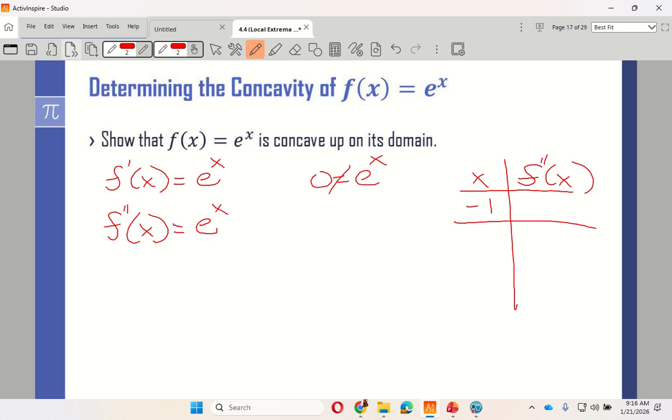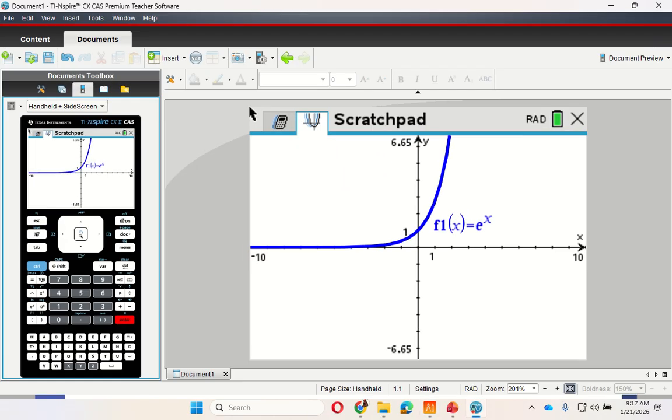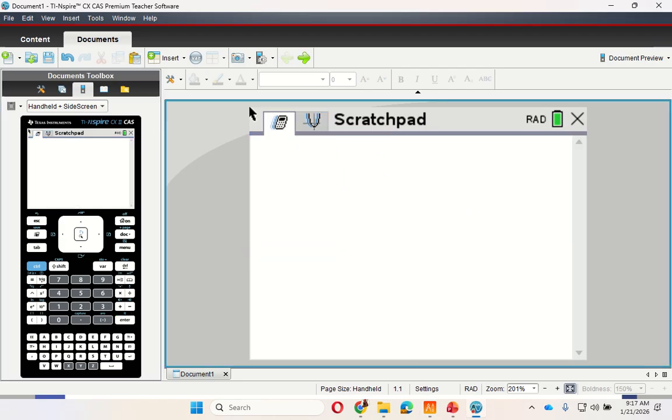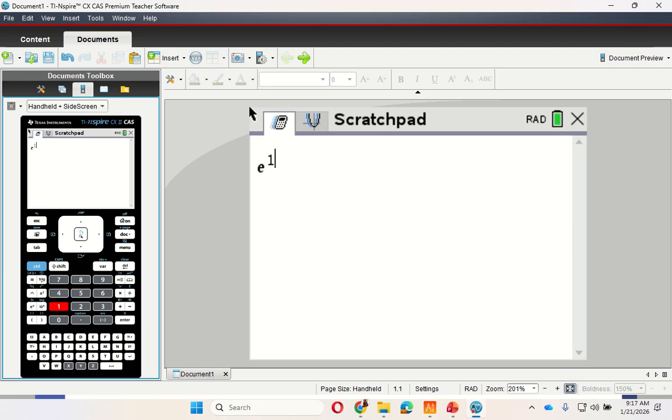All right, what is e to the first? It's like 2.7, right? Approximately. Here, I'll pull it back up. So when I approximate this and say e to the first is 2.7, I'm just going to assume it's 2.7, okay?